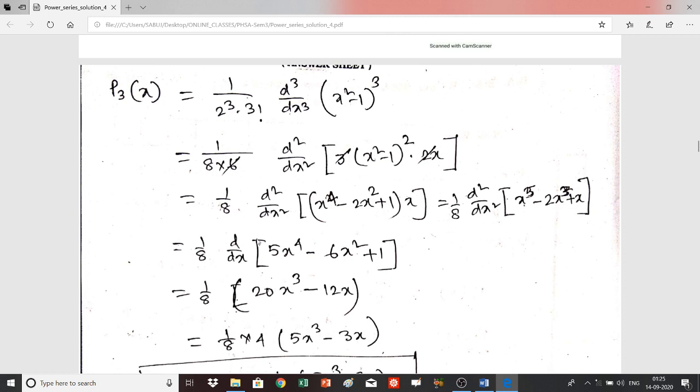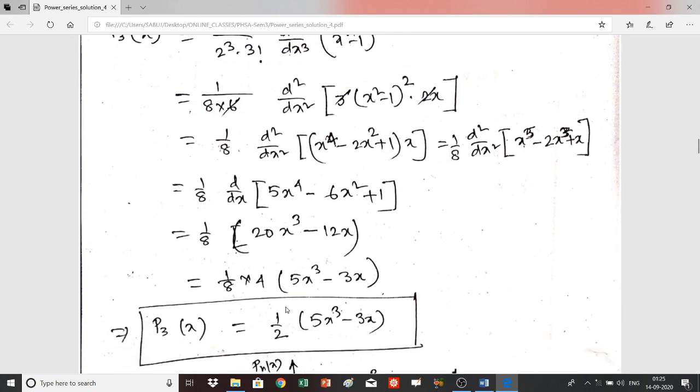Now it will give you 1/8 d/dx, differentiating this, which gives 5x⁴ − 6x² + 1. Differentiate this again and it will give you 20x³ − 12x.